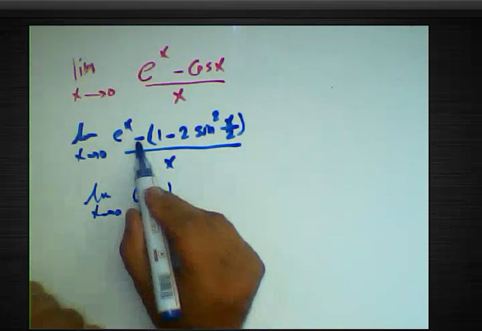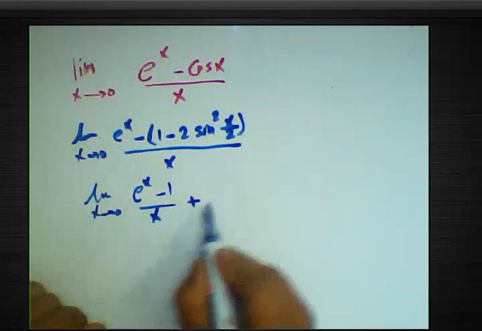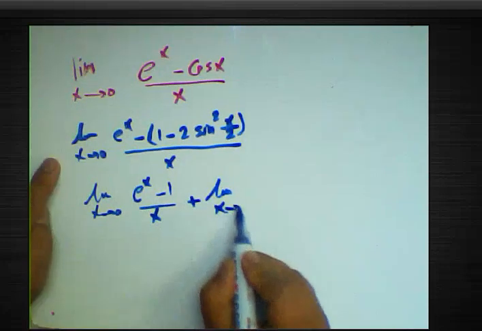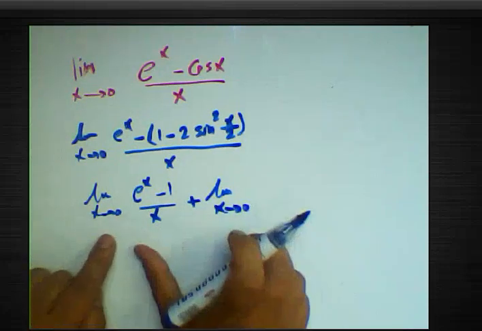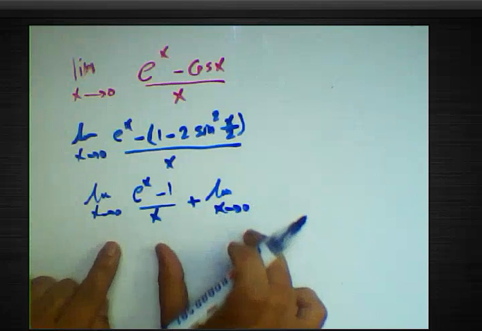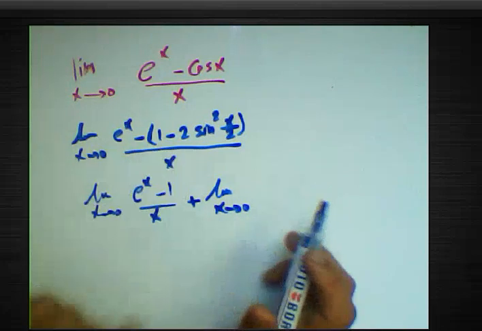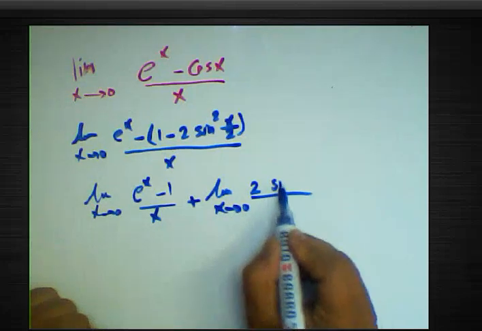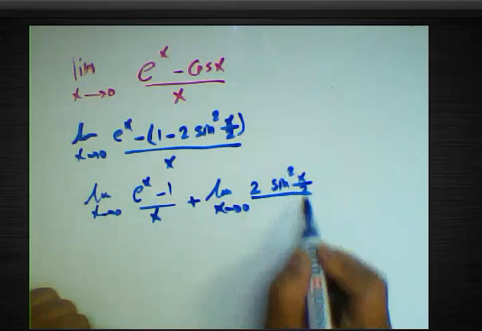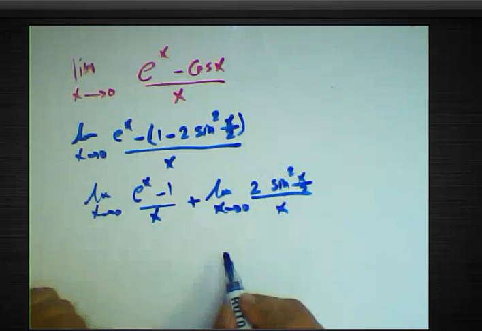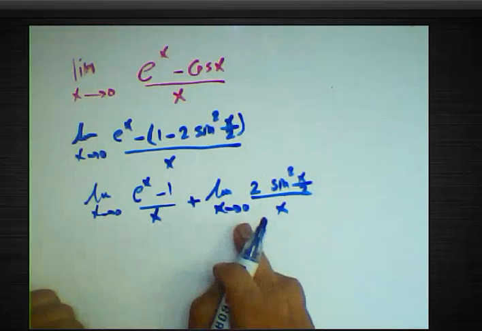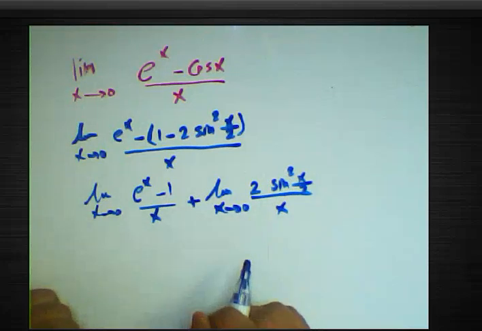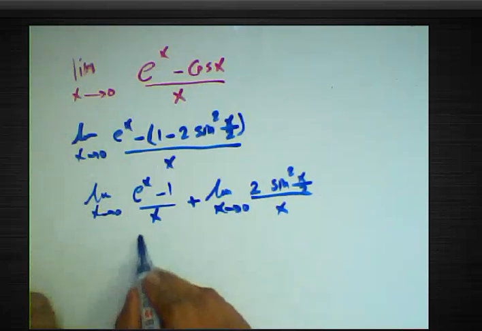Negative times negative equals positive. Write positive here and distribute the limit to the terms: 2 sin²(x/2) over x when x approaches 0. The first result will be 1.